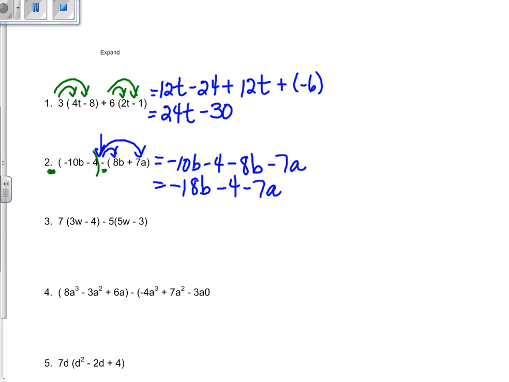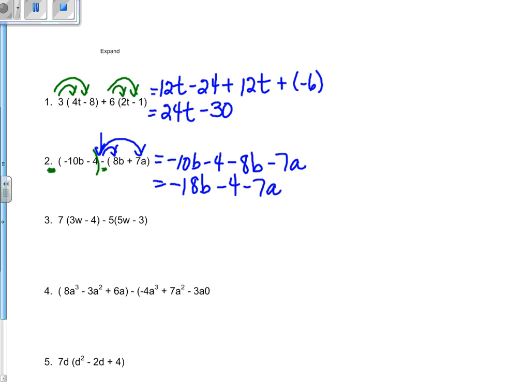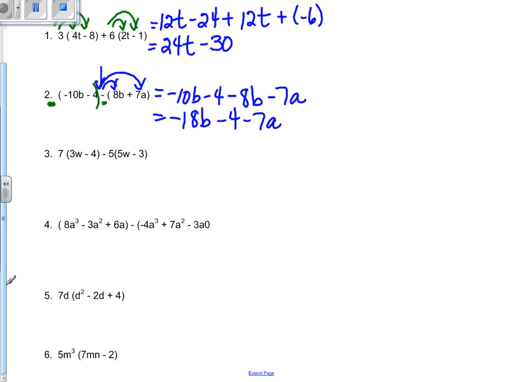Next. I have distributive law, 7(3w − 4) − 5(5w − 3). Draw our arrows. And be careful with the negative sign. 7 times 3w is 21w − 28.